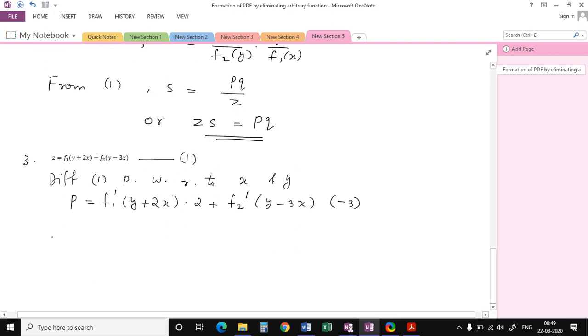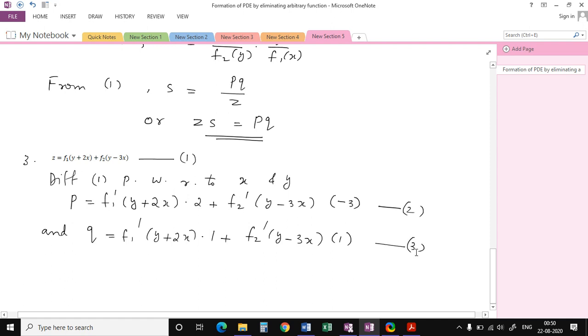Now we will differentiate the same equation with respect to y, so that we will get q equal to f1'(y+2x) into derivative of y+2x with respect to y, that is 1, plus f2'(y-3x), then derivative of y-3x with respect to y is 1. So these are the two equations we got now. I will take it as 2 and this as 3.